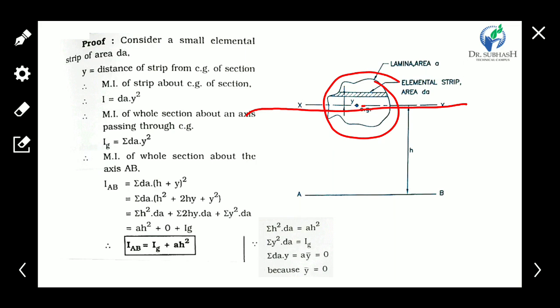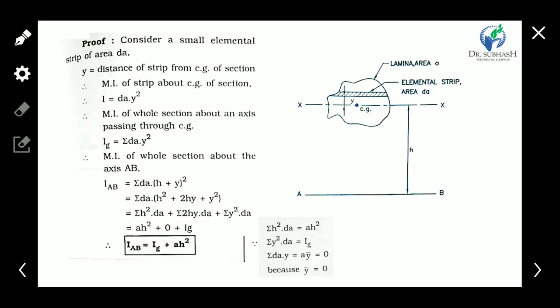Now assume a small strip of area dA at a distance y from the x axis, as shown in the figure. The distance from the CG of the area to the AB axis is h, which we already know.